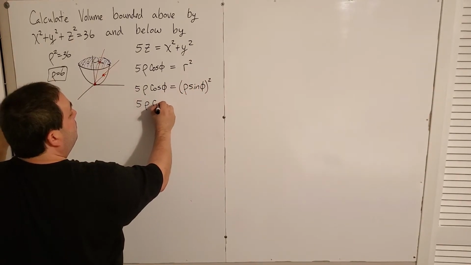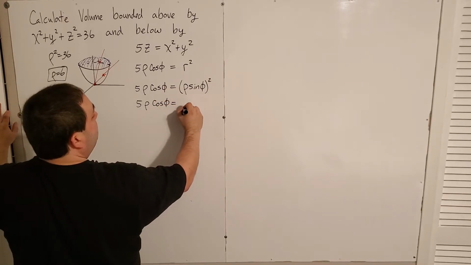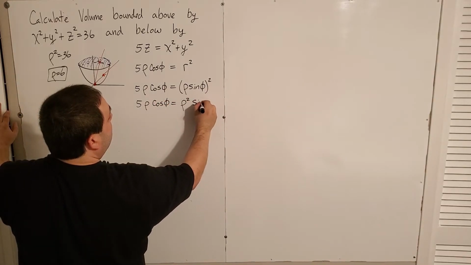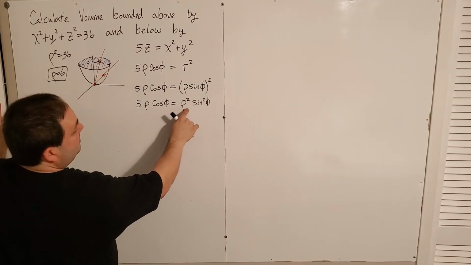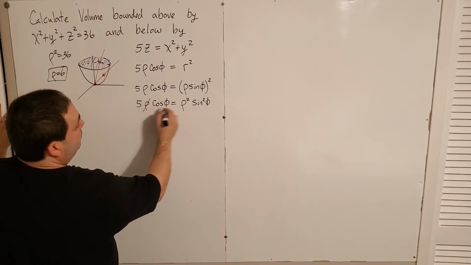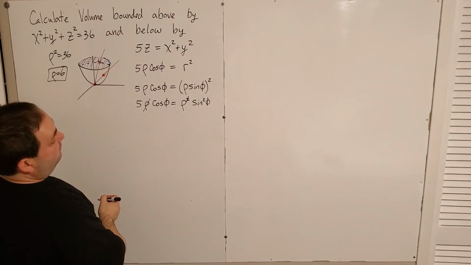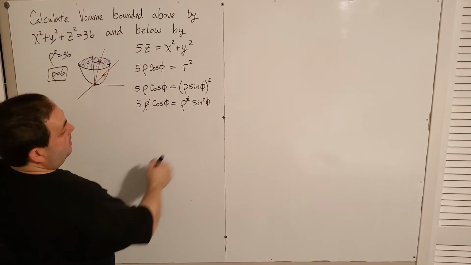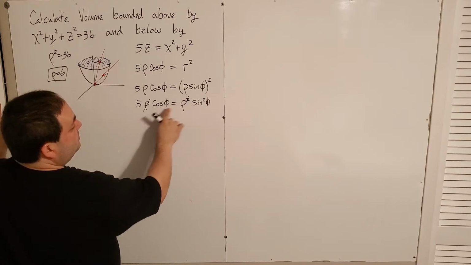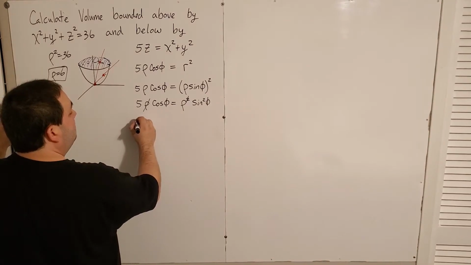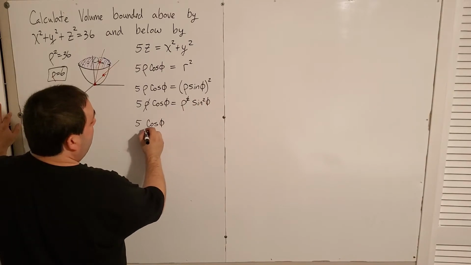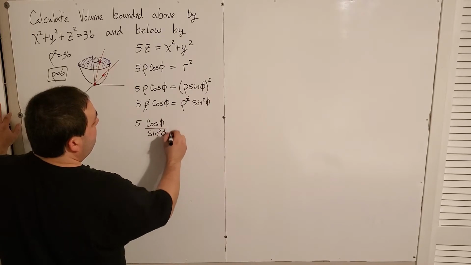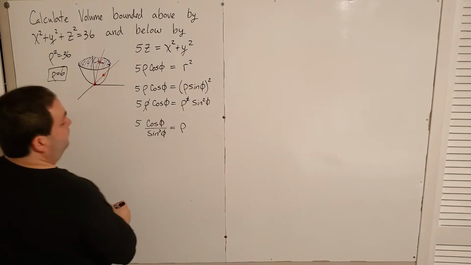5 rho cosine phi is equal to rho squared sine squared phi. I'm going to divide both sides by rho, which is going to take away 1 from each side. And I'm going to divide both sides by sine squared phi. So I'll have 5 cosine phi over sine squared phi is equal to rho.